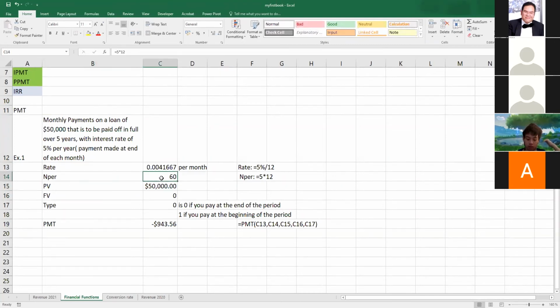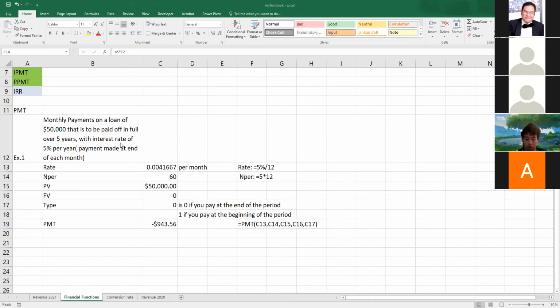After that, the interest rate is 5% per year. This one is important as well because, as I told you, when we talk about the monthly payment and we want to pay per month, that means for every single argument that is related to time, you have to convert the unit to per month as well.